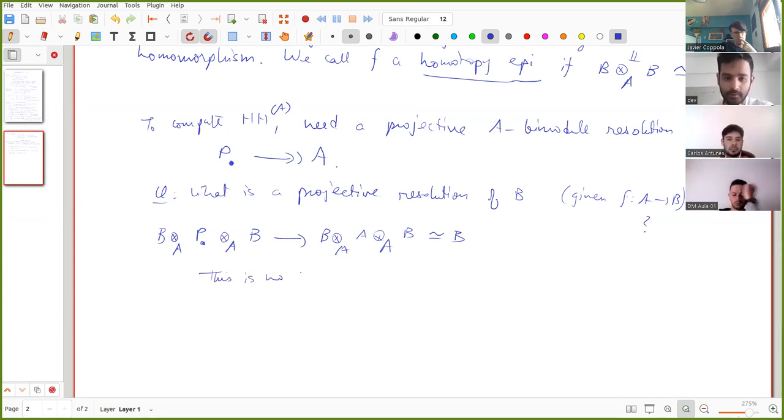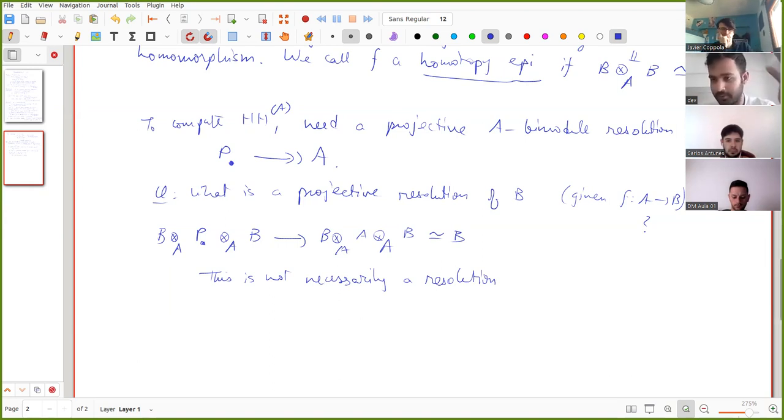And why is it not a resolution? It's because tensoring on both sides with B is not an exact functor in particular.